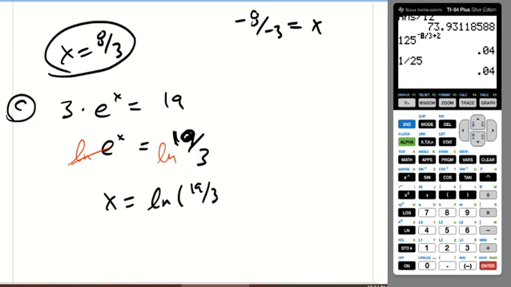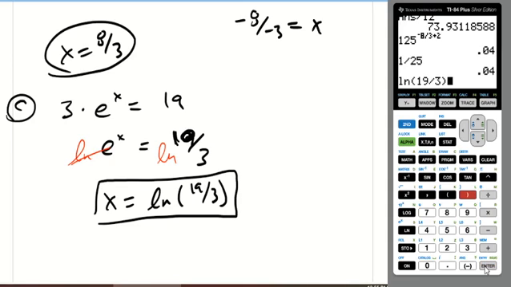That's the exact answer. And we can figure out what that is as a decimal approximation, about 1.85 roughly.